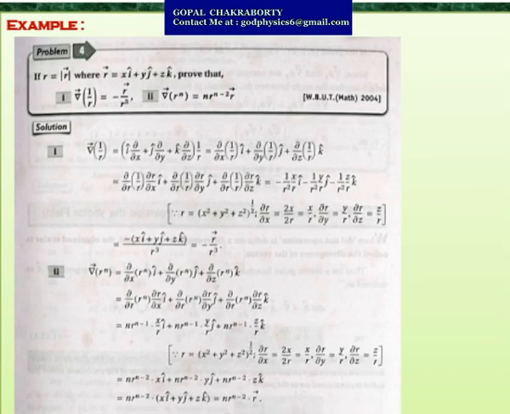Okay, next problem. If r equals mod of r, where vector r is x i cap plus y j cap plus z k cap, prove that del of 1 by r is equal to minus r by r cube, and del r to the power n equals n r to the power n minus 2 times vector r. For the first problem, I have put in the value of del of 1 by r.